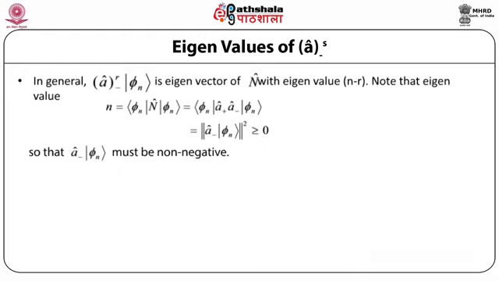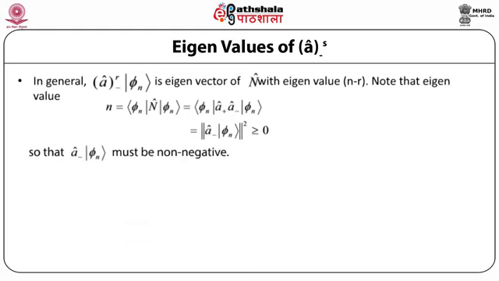And now if we replace the number operator with its corresponding value in terms of the raising and the lowering operator, then we get bra vector phi n, the raising operator a plus, the lowering operator a minus acting on ket vector phi n, and this gives us the square of the norm of the lowering operator a minus acting on the eigenvector phi n, which should be greater than or equal to 0.